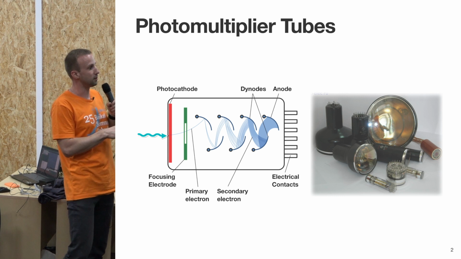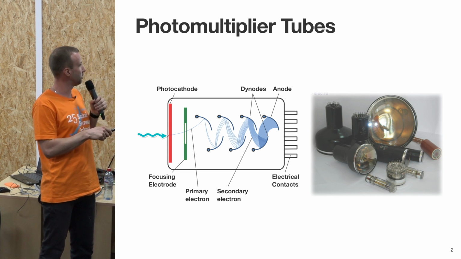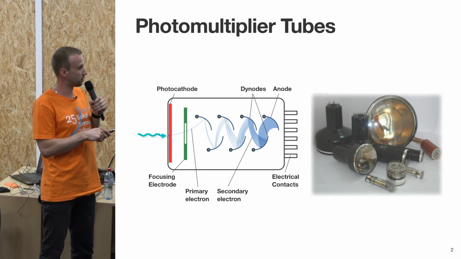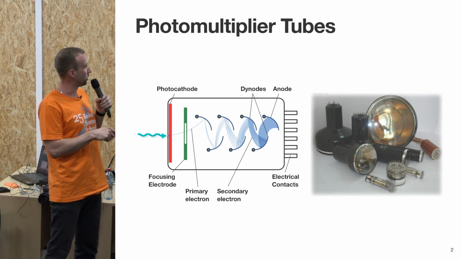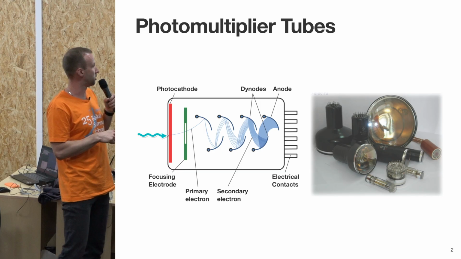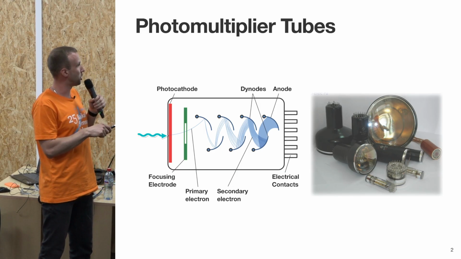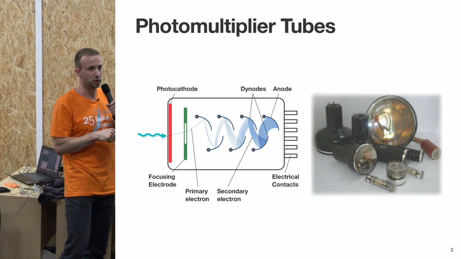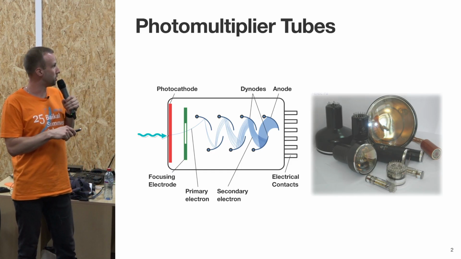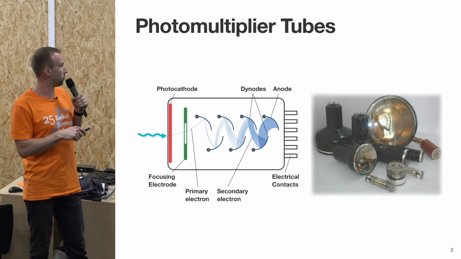If we have, let's say, 6 stages of such a dynode system, in the end we will have 10 to the 6 electrons, which we can detect by conventional electronics used in the experiment. So basically we have charge at the output of the PMT, and this charge we can detect, and then we can say that our PMT detected the incident photon.